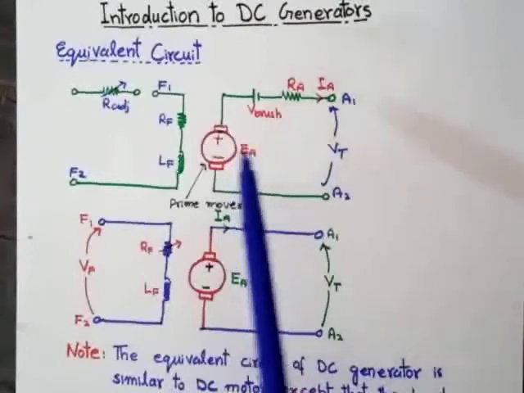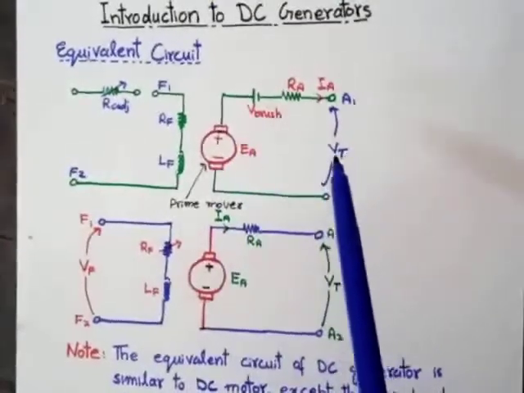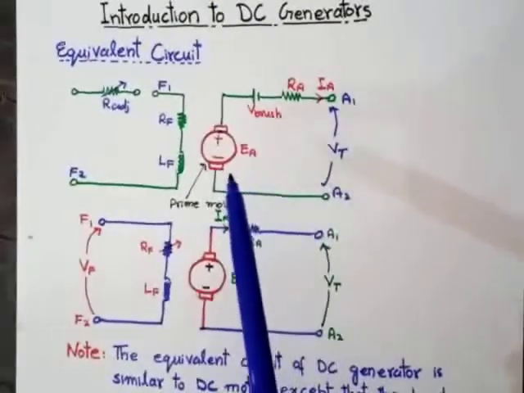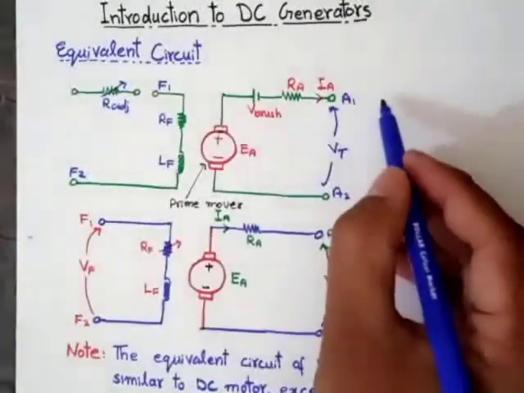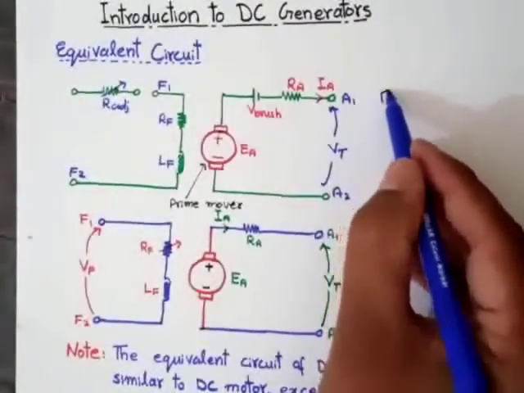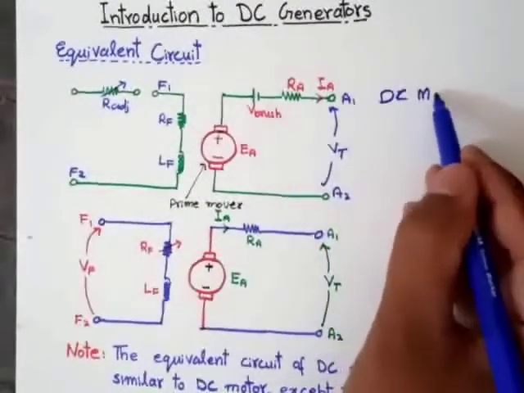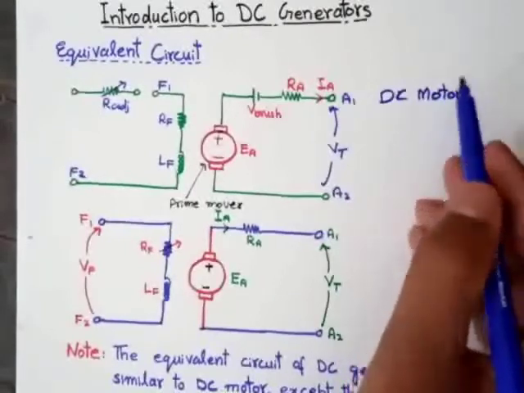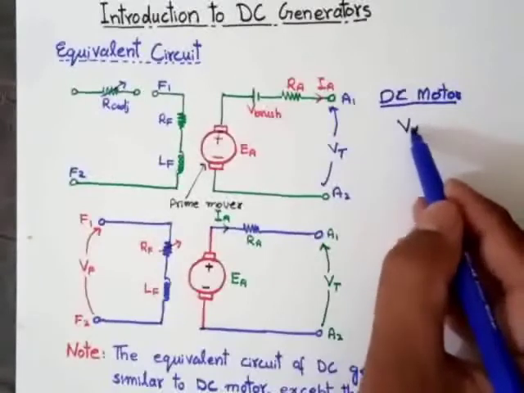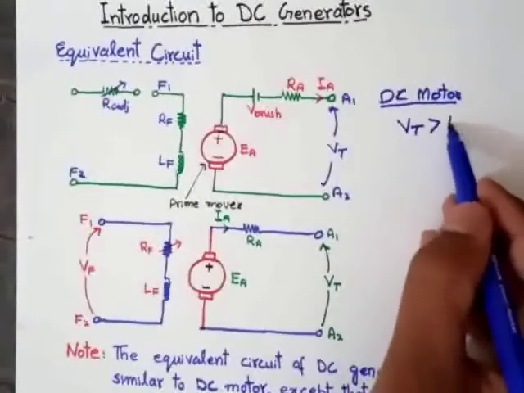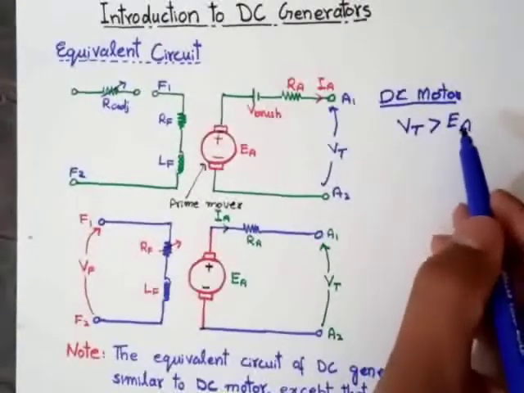Because in case of a DC motor, the terminal voltage was greater than the internal generated voltage. As we know, in case of a DC motor, the terminal voltage will be greater than the internal generated voltage.